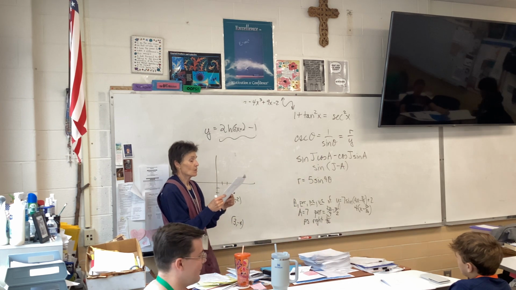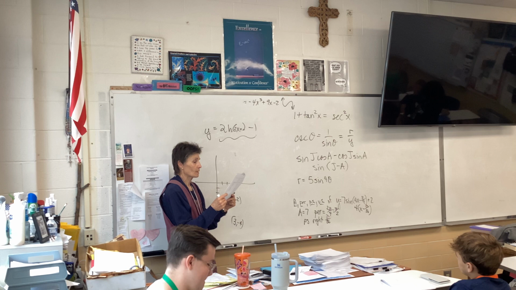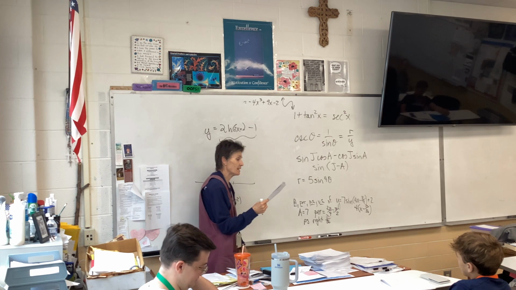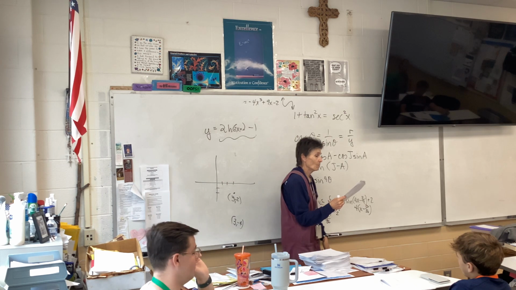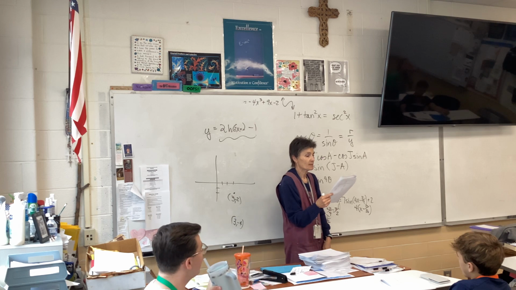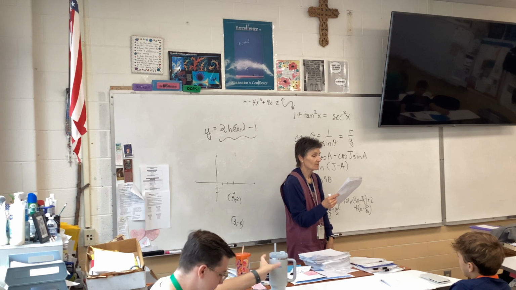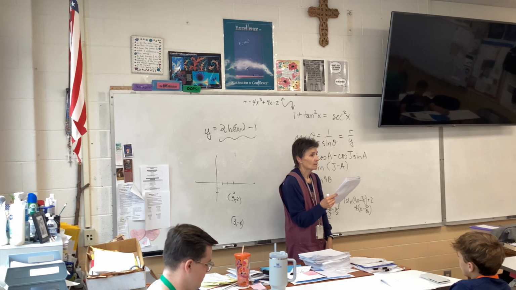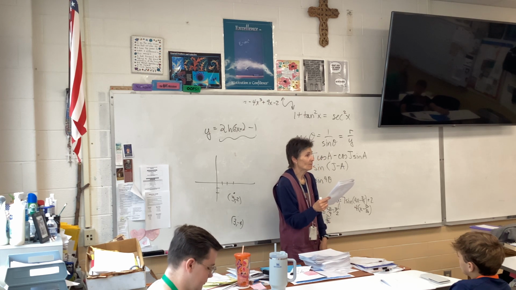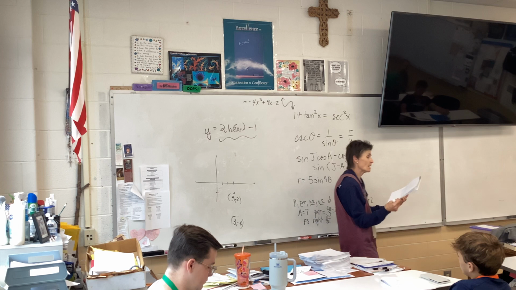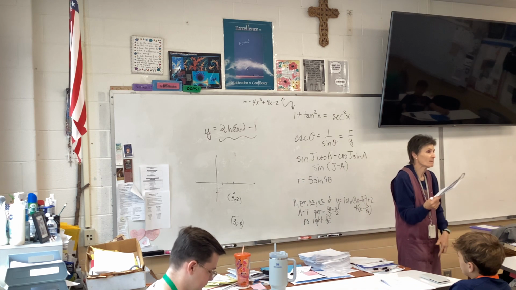Okay, so, take a look at the data in the table. What's happening there? Can you tell what's happening? What's happening to the Y values? Are they going up by the same amount? Or, I shouldn't say going up, are they changing by the same amount?